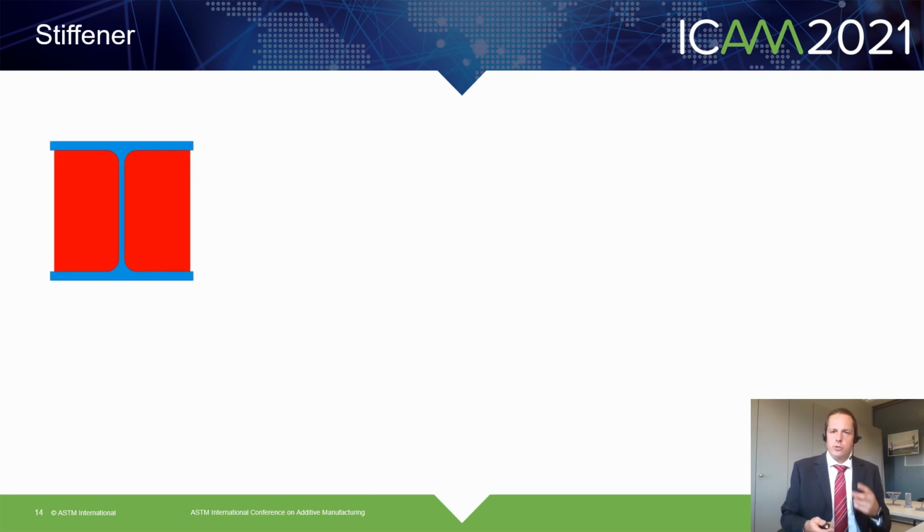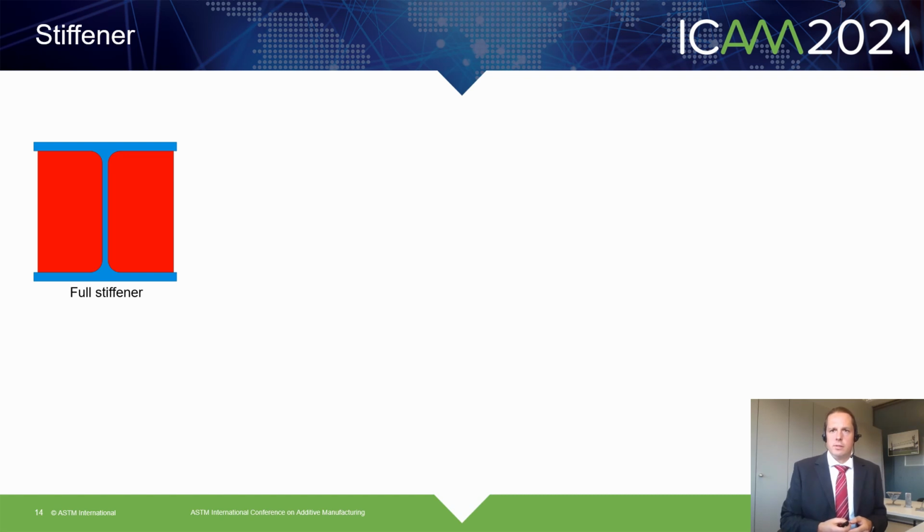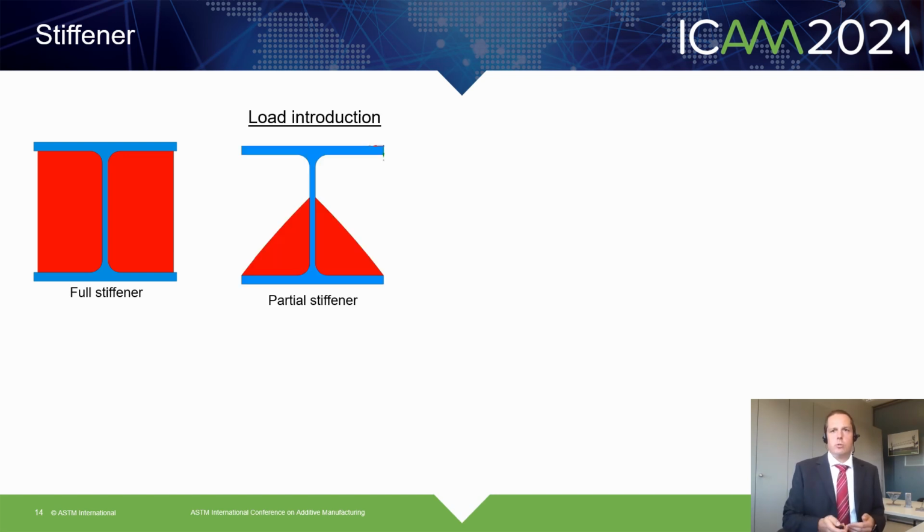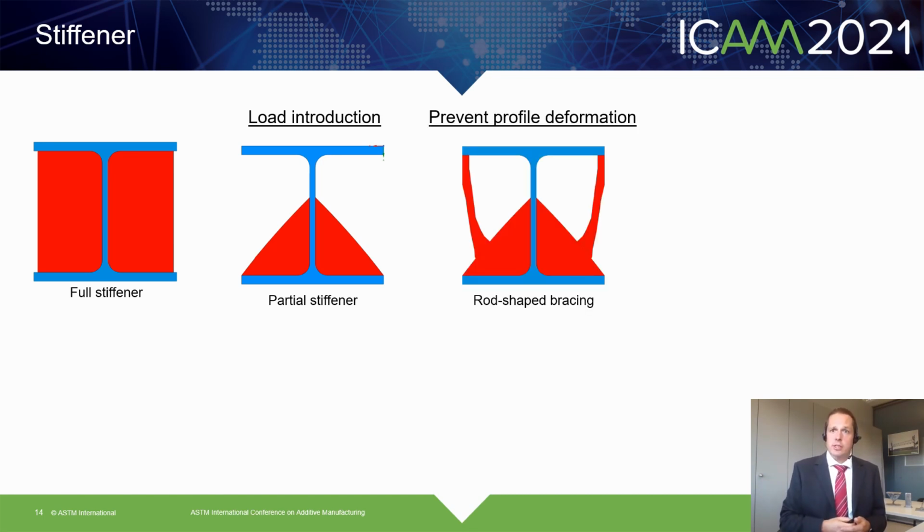So we have two tasks for the stiffeners, and now we optimize the shape of the stiffeners, particularly for these two tasks. First, the load introduction, which leads to this partial stiffener, and preventing the deformation, which leads to these two rod-shaped bracings. A short throw in, we use topology optimization to find these structures.